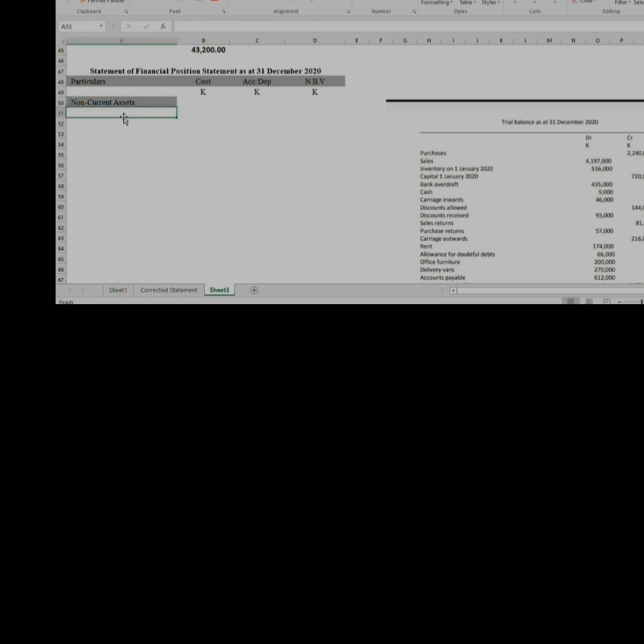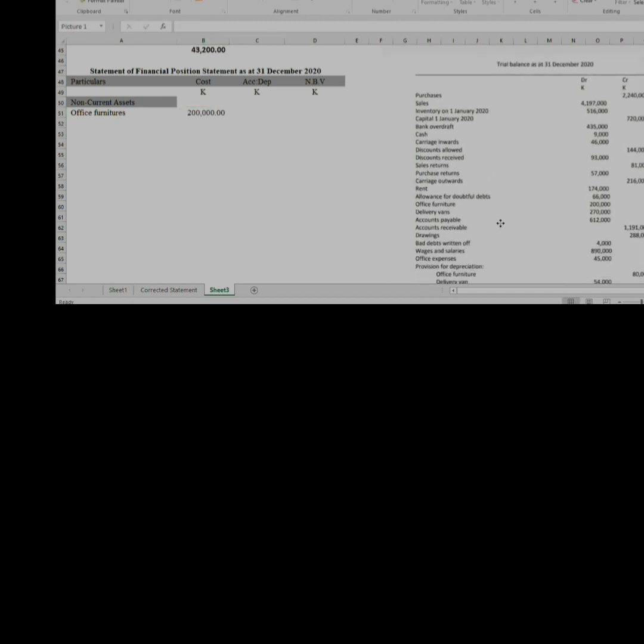Under non-current assets here, according to this question, you first have office furniture. The office furniture has been given at cost 200,000.